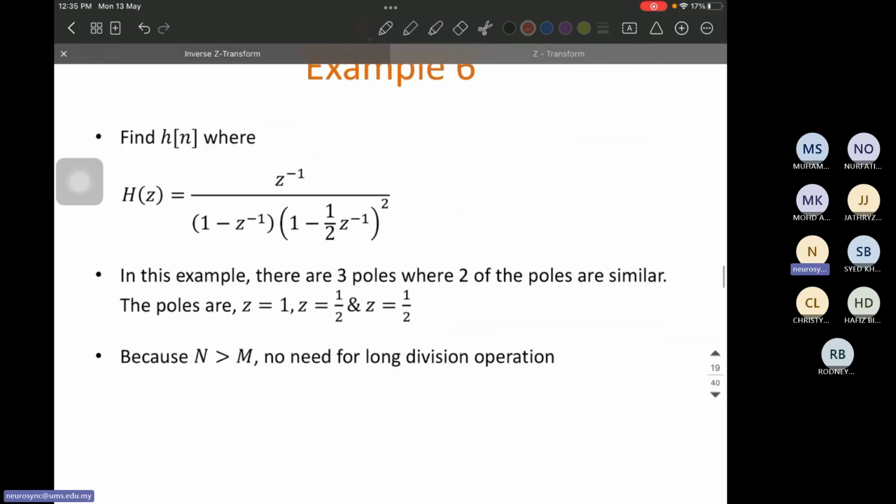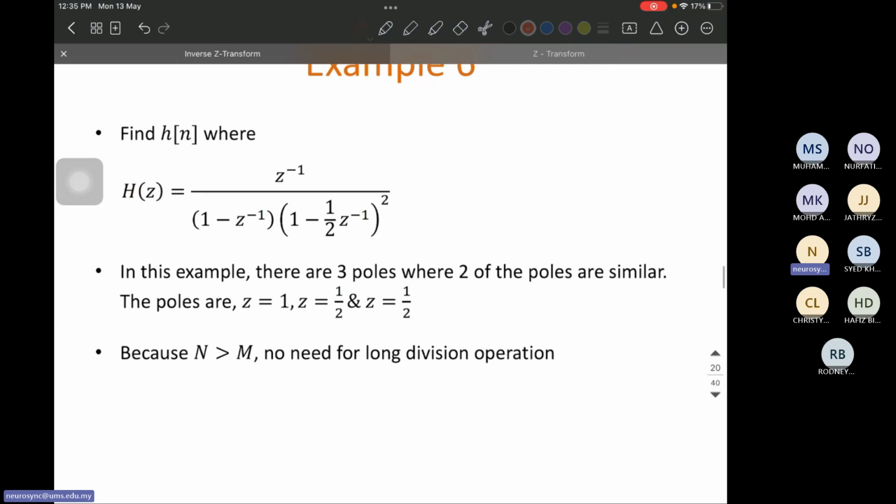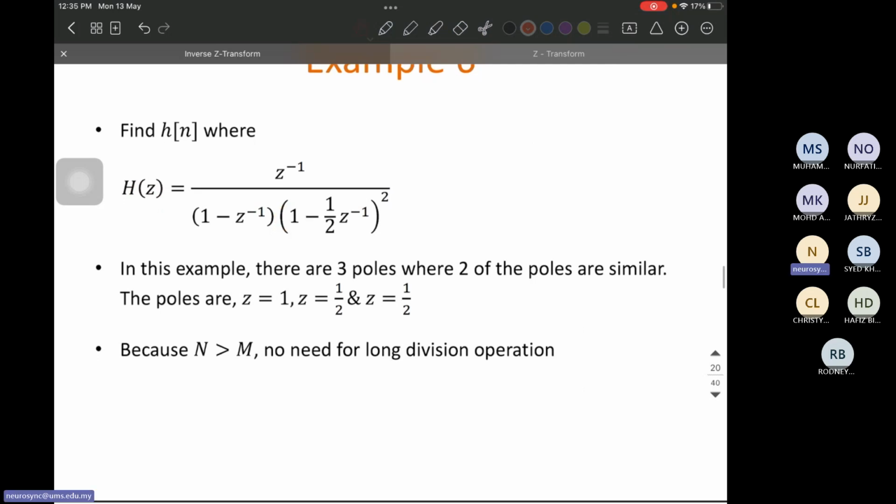Now let us take an example. H of z is like this. By looking at this H of z, you can say there are two poles at the location z equal to 1 by 2. Correct? So this is the third case.